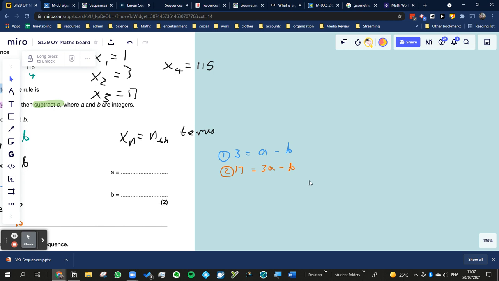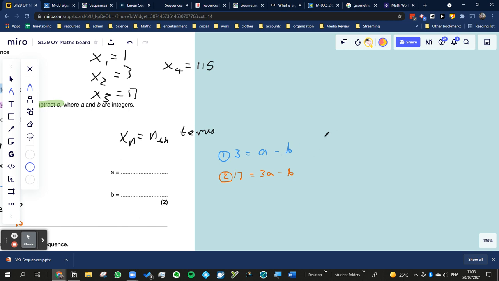So solving simultaneous equations, there are a number of different ways. I'm going to use one of the most commonly taught at school, and that is to look for the similarities between the equations. Both equations are minusing b.